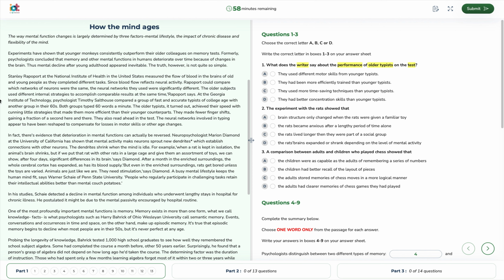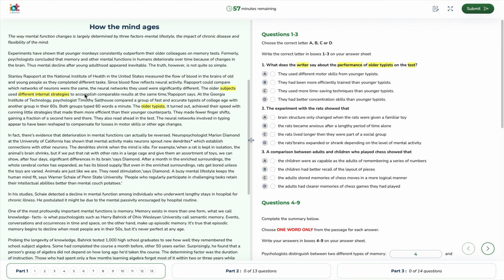The older subject used, and the word subject here is for the typist, because they are using a typing test here. If you read further, they are using typing here. What they are saying is the older typists used different internal strategies to accomplish comparable results at the same time.